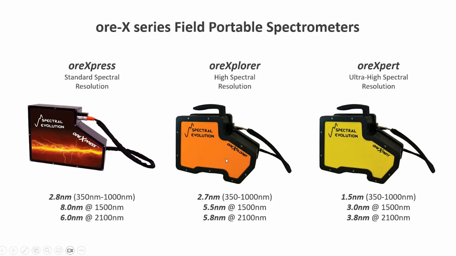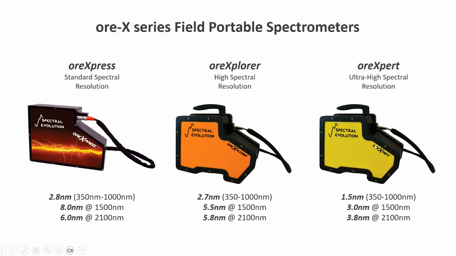The orange Explorer here in the middle is our newest high-resolution instrument that offers a bit better spectral resolution, particularly in SWIR 1 and SWIR 2, which allows for better mineral analysis in that we can start to see more spectral features in our mineral spectra.